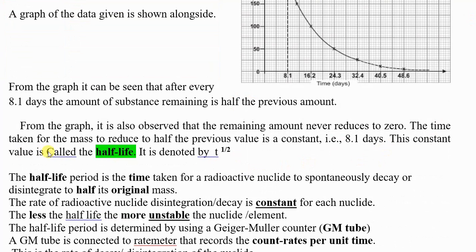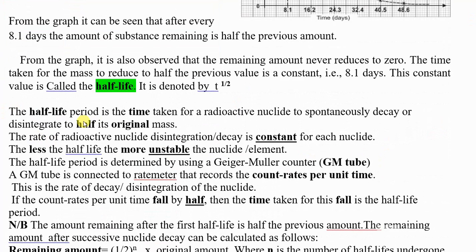This constant is called a half-life. Therefore, you need now to know what a half-life is. Read, repeat, and understand what a half-life is. So a half-life is the time taken for a radioactive nuclide to spontaneously decay to half its original mass.